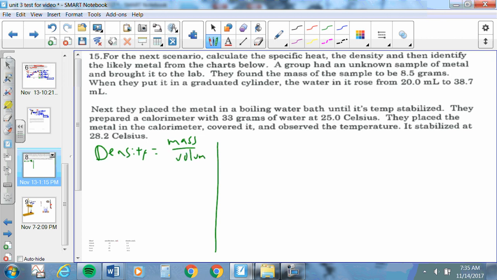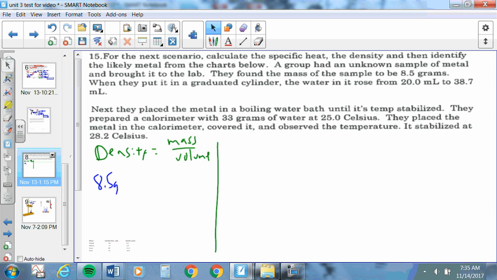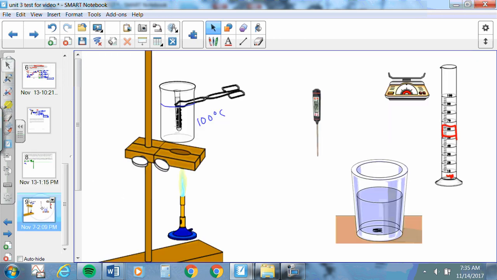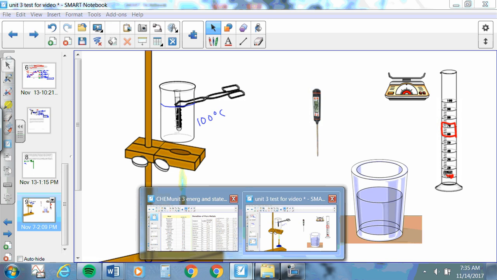So when I read about this, they had an unknown sample and it was 8.5 grams. And then they did water displacement. We've talked about water displacement. If you take a sample, throw it into a graduated cylinder, and the level goes up, however much it changes, that's our volume.